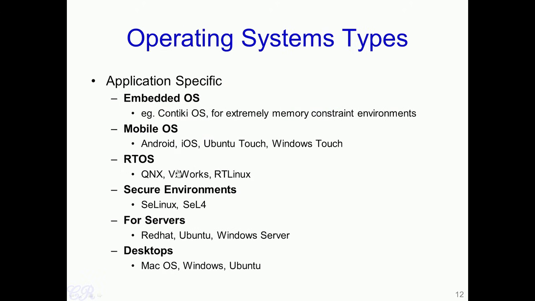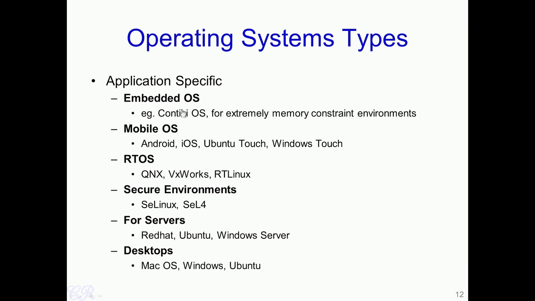Operating systems are ubiquitous. Almost every smart device that we use today has some form of operating system present in it. So, this particular slide shows the various classifications of operating systems depending on the type of application they are intended for. Needless to say, each of these operating systems are designed keeping the application in mind.